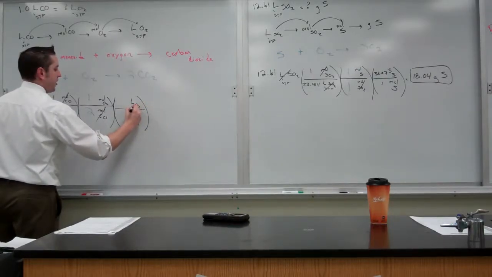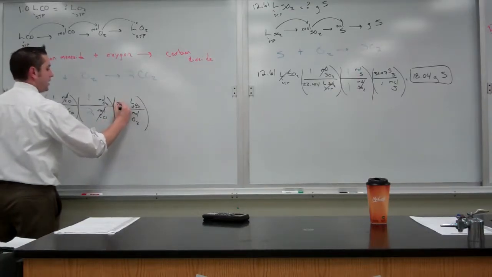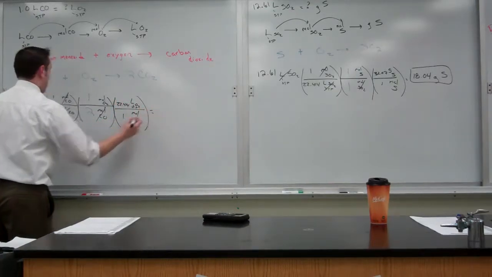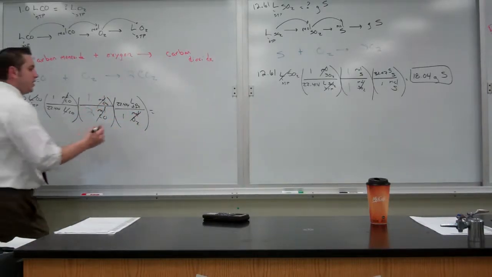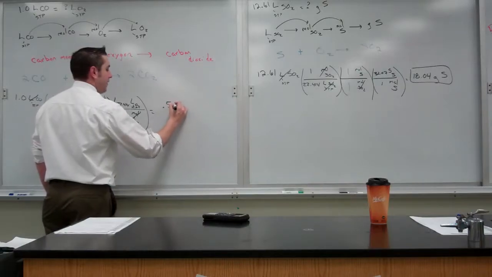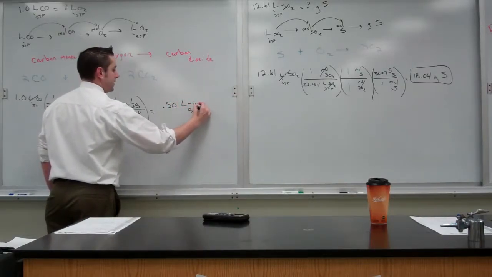And those liters are at STP, so I can say 1 mole has 22.414 liters. You plug this into your calc, you end up getting 0.50 liters O2 at STP.